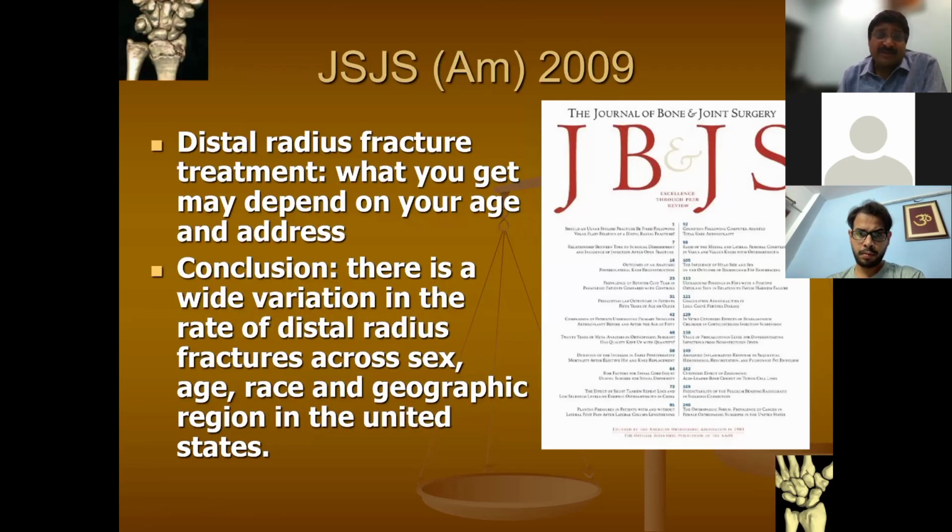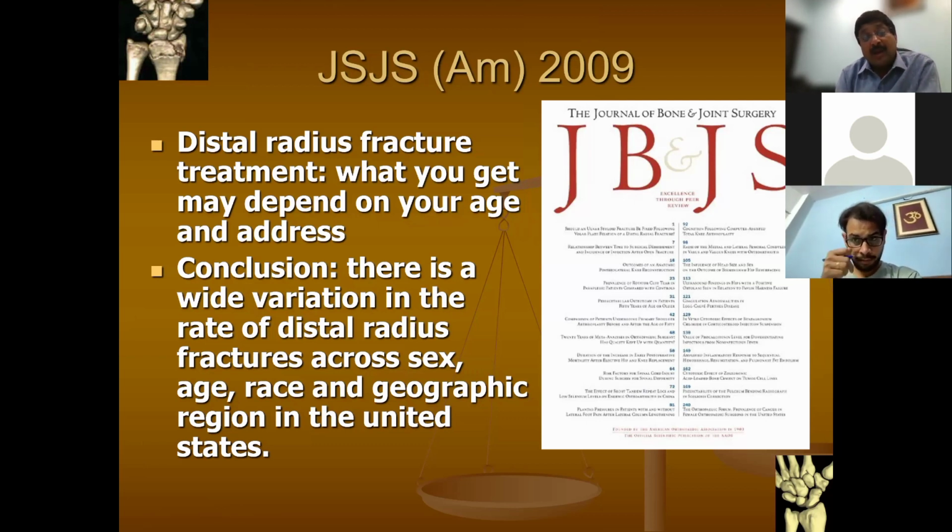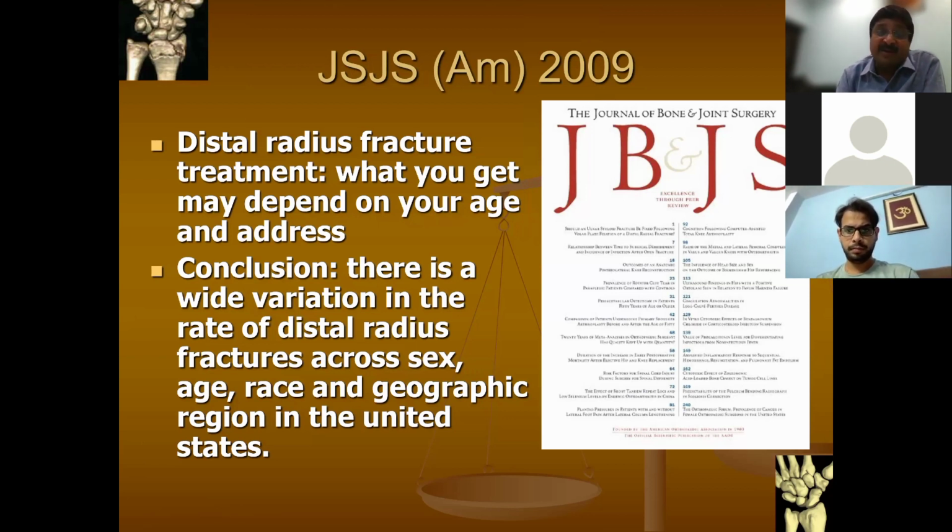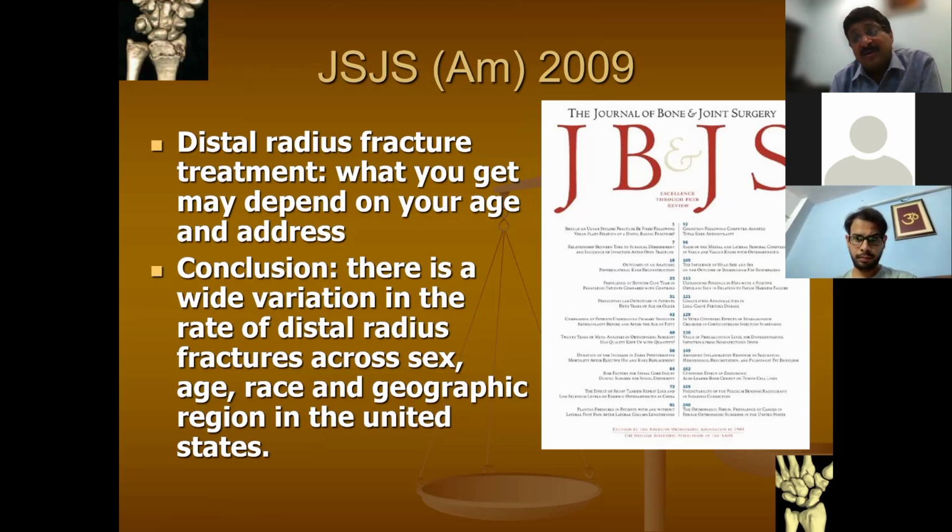So, in conclusion, this is very old, from 2009, the GPDS, which said that distal radius treatment depends upon your age, upon your address. Why address? Whether you are affluent or whether you are from the major cities where implants were available. Now, I think in almost the whole of the US, it is standard treatment, whenever you're doing open reduction internal fixation, you're using a locking plate.